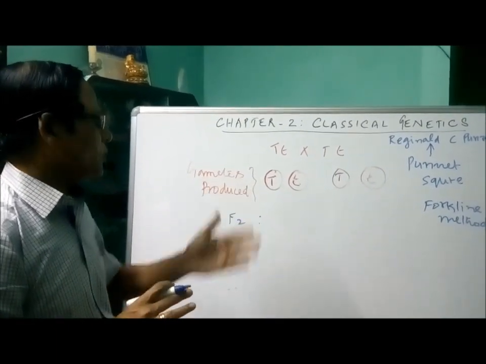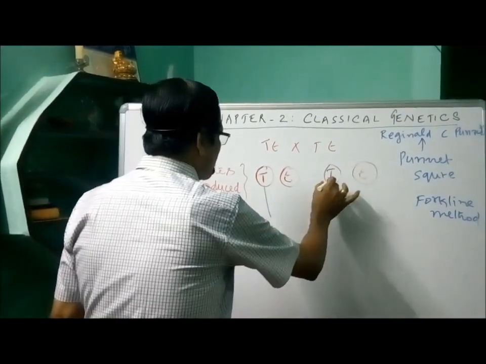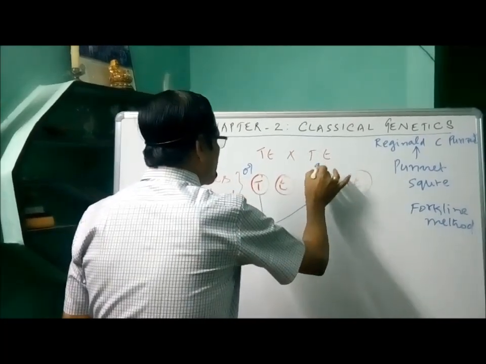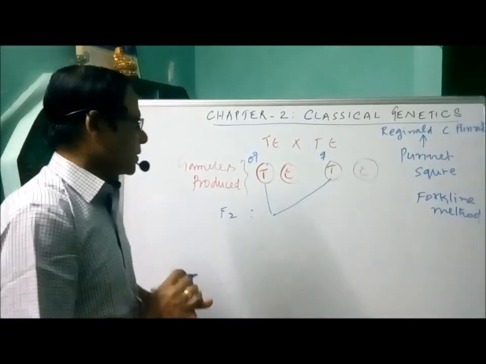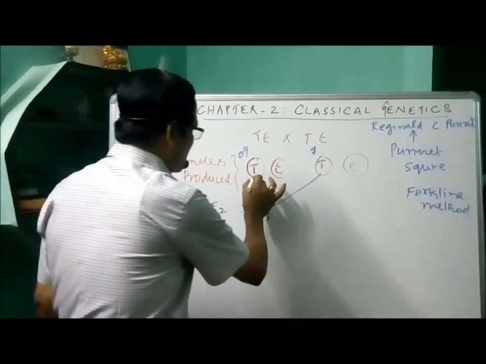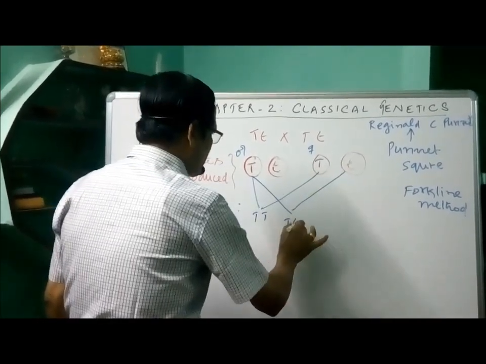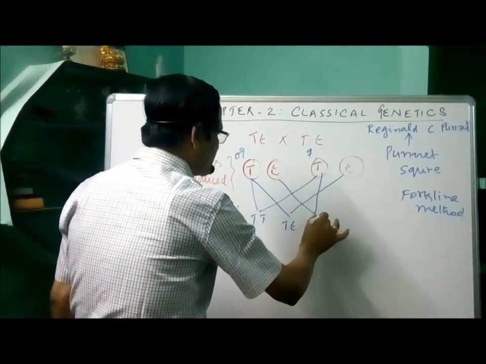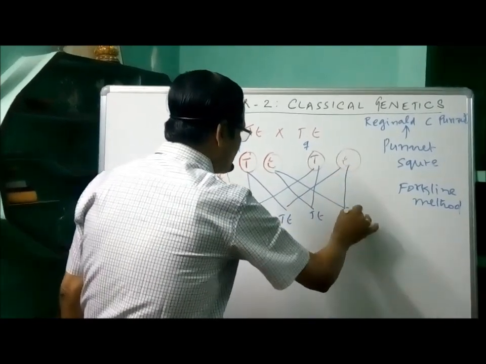I will take the first one, the four-line method. I am taking this gamete, fertilizing this one. Maybe this is the male and this is the female, so the pollen grains are dusted on the stigma. Now this is one variety we are getting. It also has an equal chance of fertilizing this one. Taking this other gamete, it has a chance of fertilizing this one, and it also has a chance of fertilizing this one.